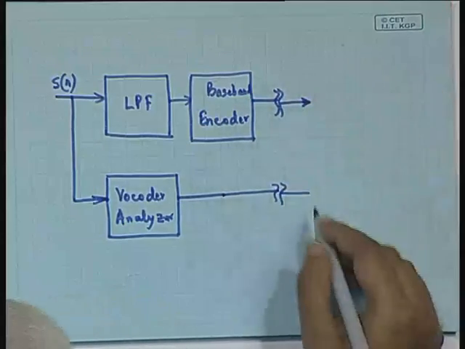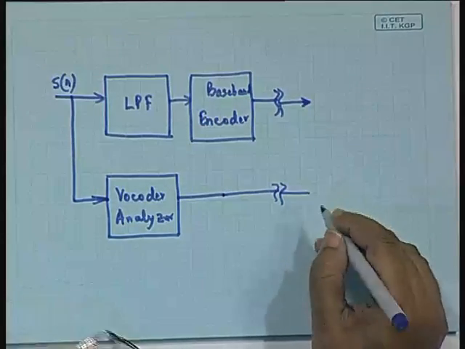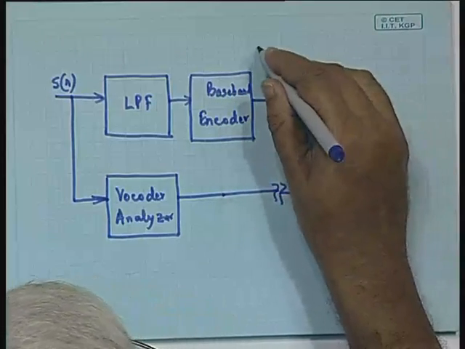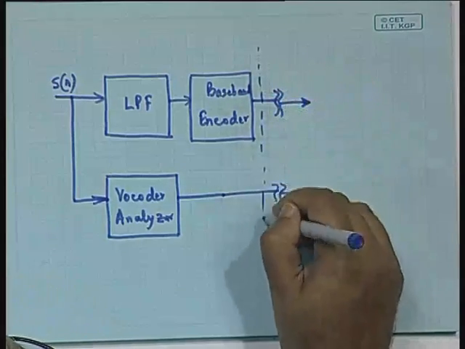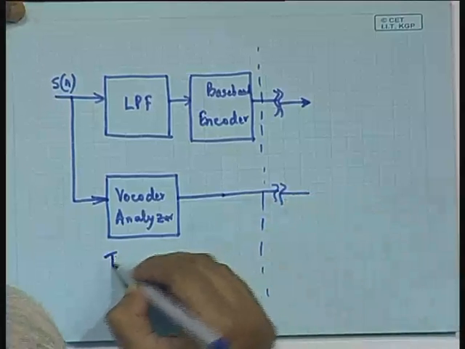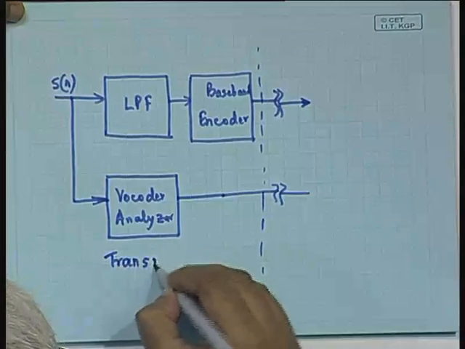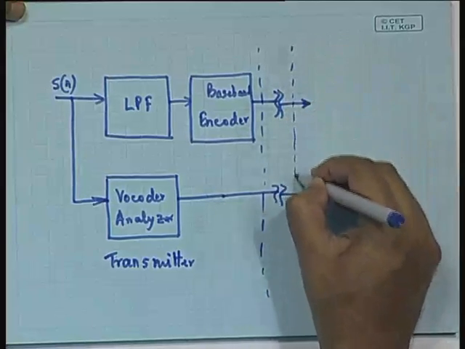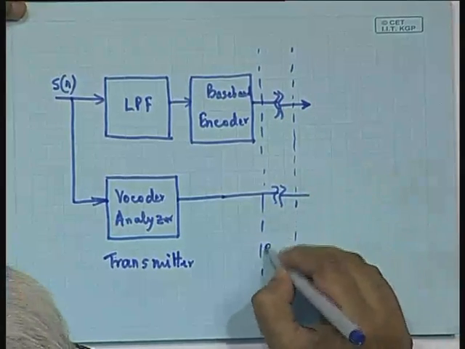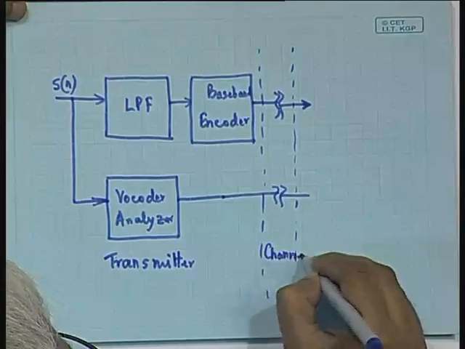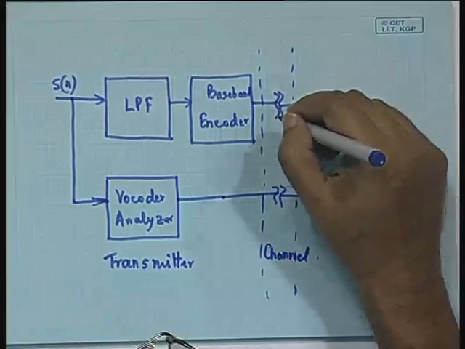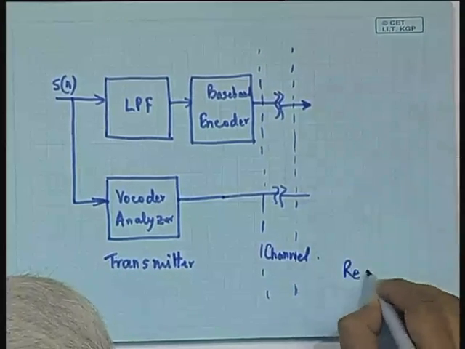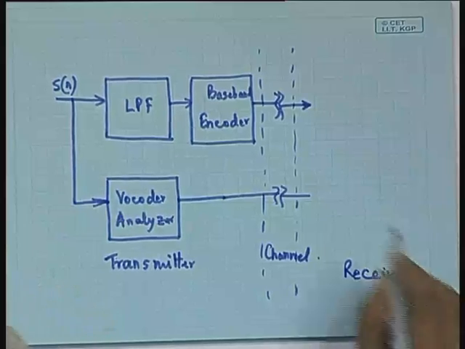They go independently into the channel, and this side is our transmitter. Then we have the channel over here, and next to the channel we draw the receiver.